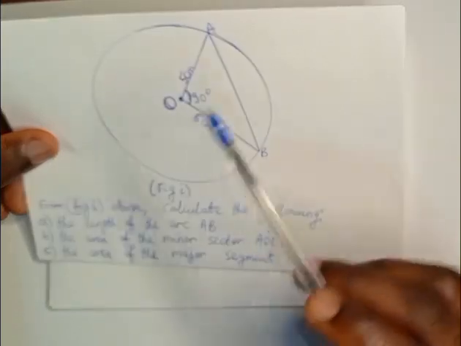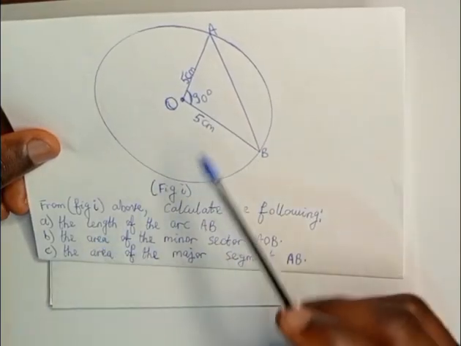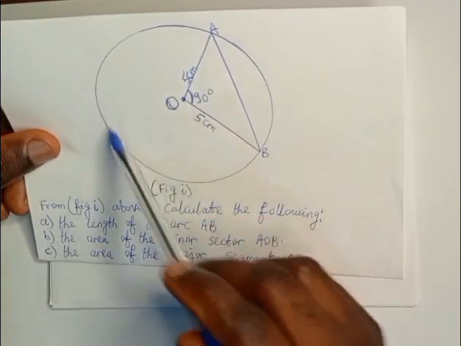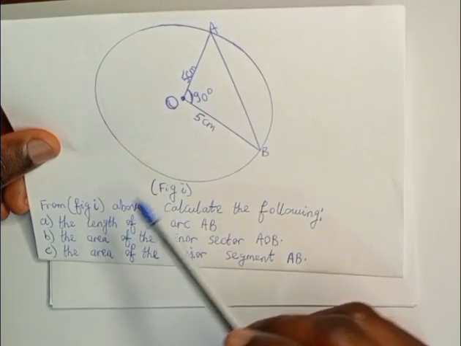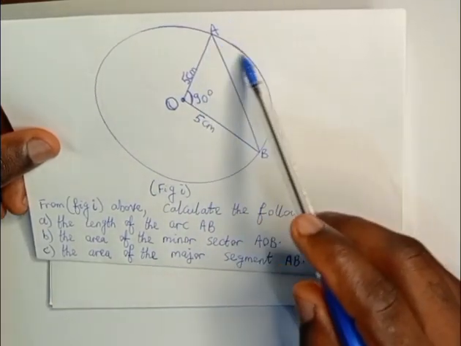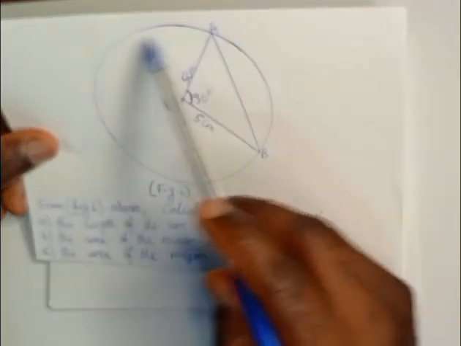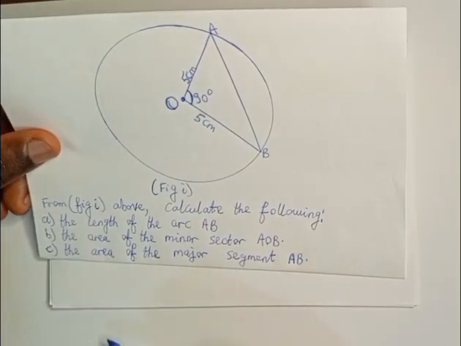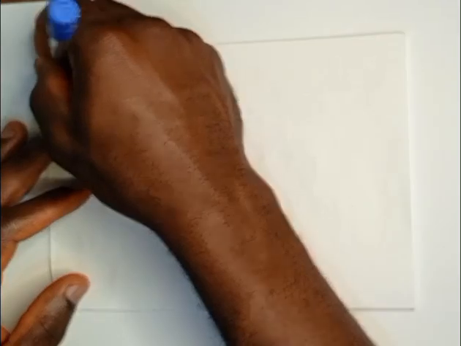And for us to find the area of the major segment, this area, we are going to subtract the area of the minor segment from the area of the circle. Let us see.